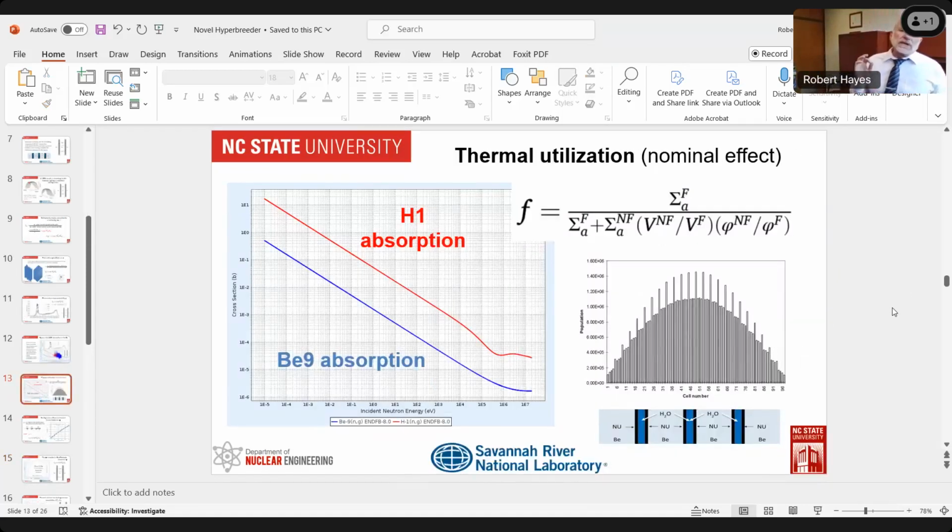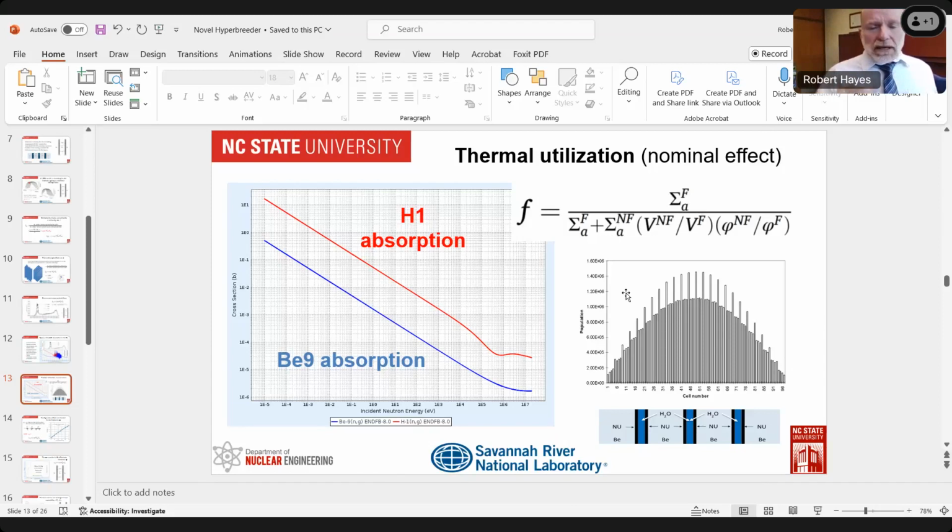The thermal utilization, F. Now, this is an approximation using standard light water reactors for F. So if you do this calculation, you're looking at the macroscopic absorption cross-section for the fuel, and then the macroscopic absorption cross-section for the non-fuel, and then the volume elements of both of those.